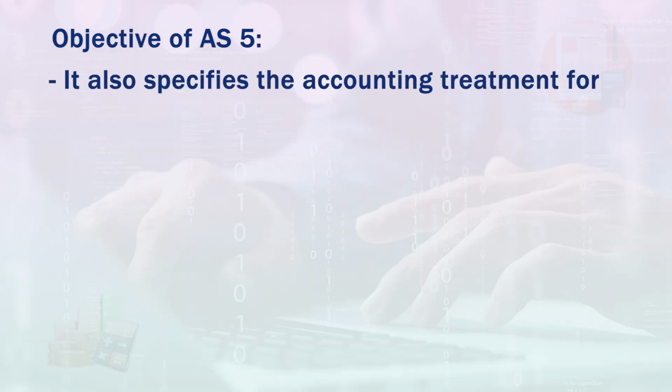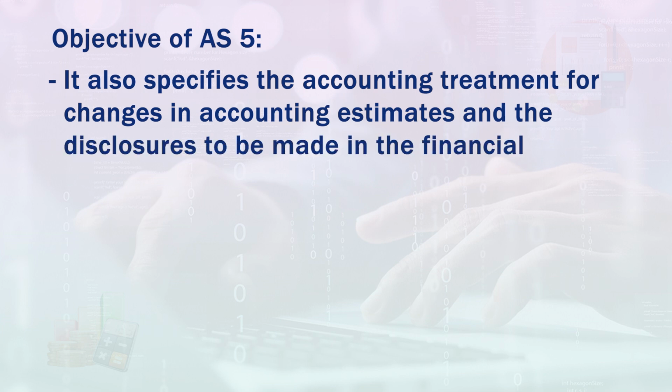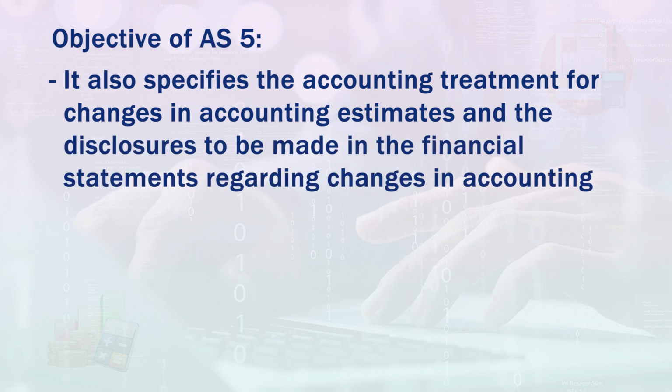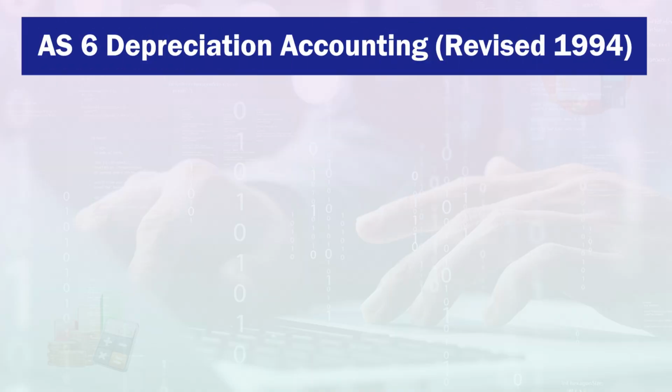Next, it also specifies the accounting treatment for changes in accounting estimates and the disclosure to be made in the financial statements regarding changes in accounting policies. Next accounting standard is AS6, depreciation accounting, which was revised in 1994.